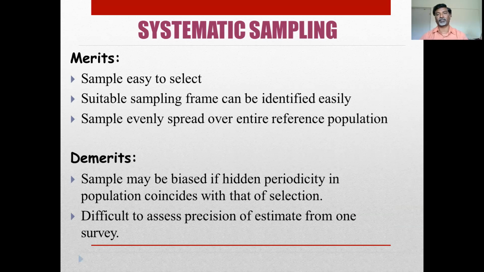So from the entire reference population, we select members systematically for our research. This method also has some demerits: samples may be biased, or it is difficult to assess the precision of estimates from one survey. So these are some of the demerits of the systematic sampling method.